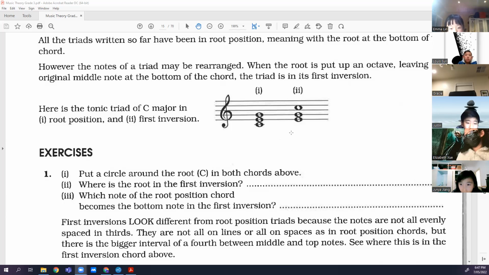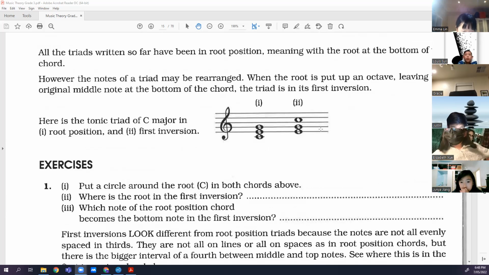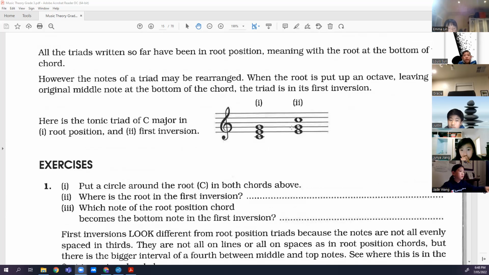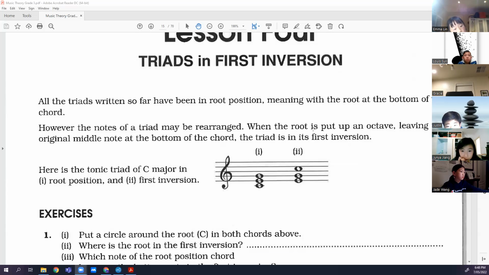So if you have C, E, G, your root is C. After you've moved it to first inversion, the root is still C, even though E is at the bottom. The root is still C. So that's what to realize.